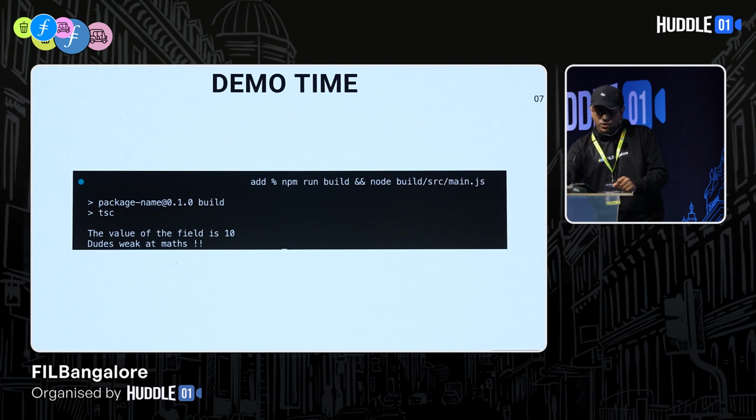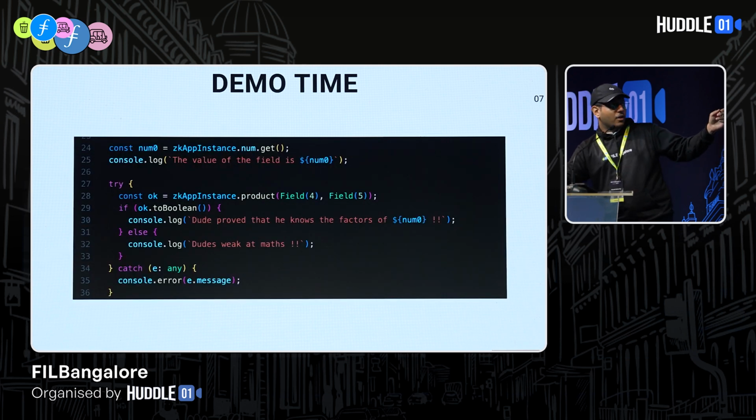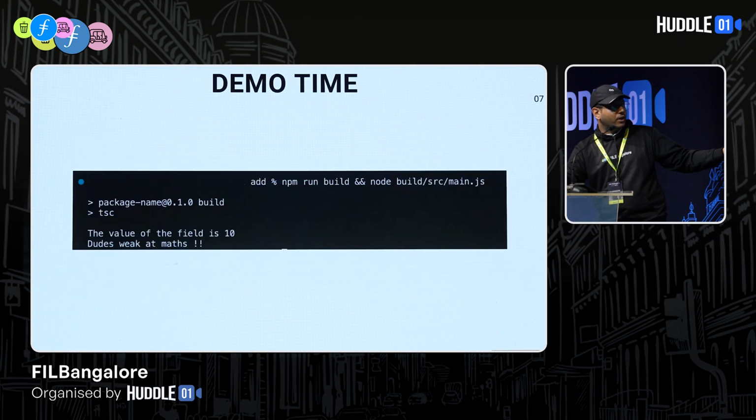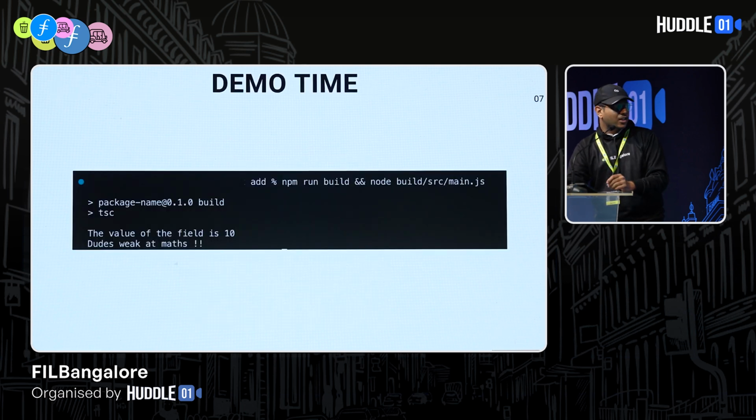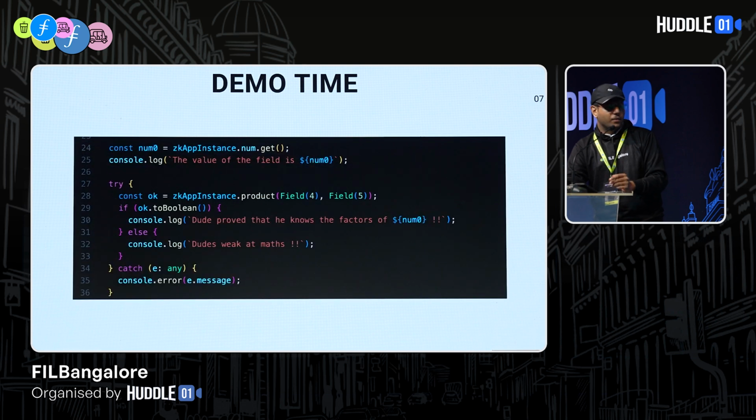Once you run it, you can see the value of the field will be 0. If we pass the values 4 and 5, the value should not match the on-chain value, but right now it is 10. So that means we are proving that the person does not know the factors of the number which is set on chain.